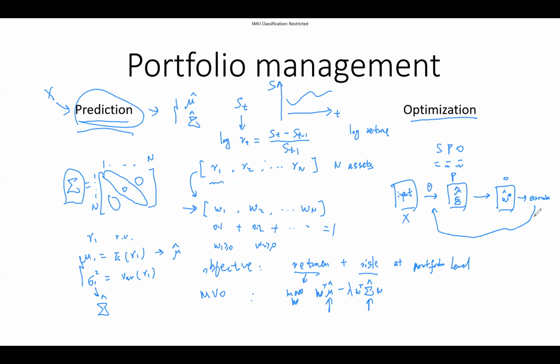So now we come back to optimize theta such that the decision error, or optimization error, is minimized. So we are fine-tuning our forecast such that the decision is optimal. We are not trying to do a good prediction anymore. We are trying to predict such that the decision is optimal. This is an exciting research area and something to think about because it combines this two-stage problem into one stage. All right, so that's it for this video, and thanks for watching.